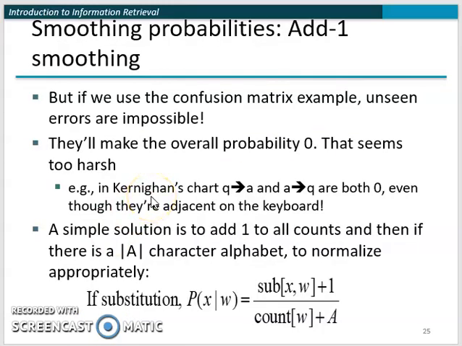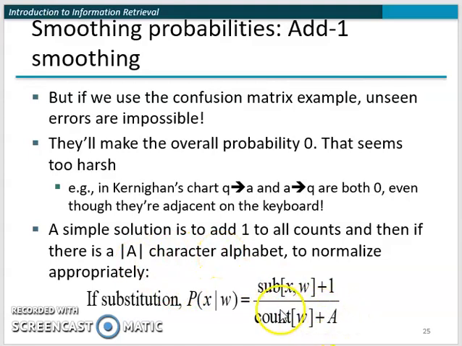If any of the entry of these confusion matrices is 0, that would make the whole probability 0. So we can use smoothing in this too. So in case of substitution, to find this probability, we add 1 to the numerator and we add A to the denominator, because A is actually the set of alphabets.